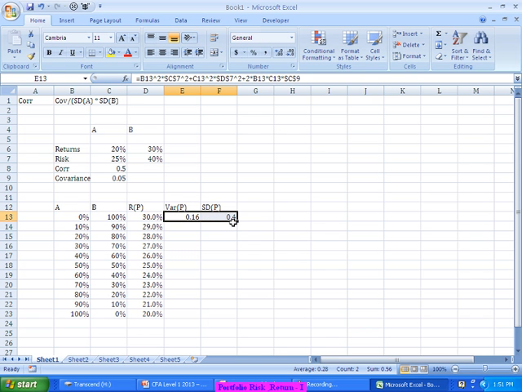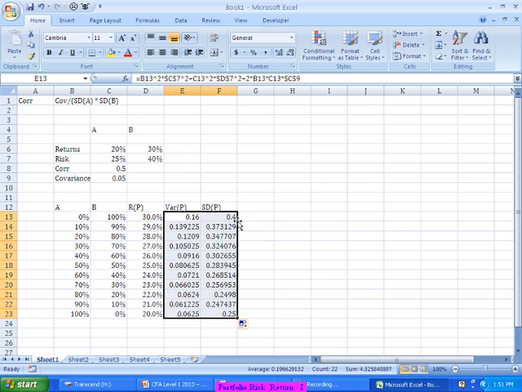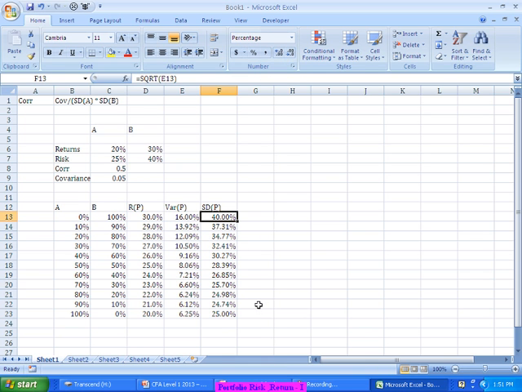Now when I am extending these two, let me convert that into percentage form. What you typically see is that the overall risk has come down from 40 to 37, 34, 32. It has come down to 24 also, and again it has gone up.